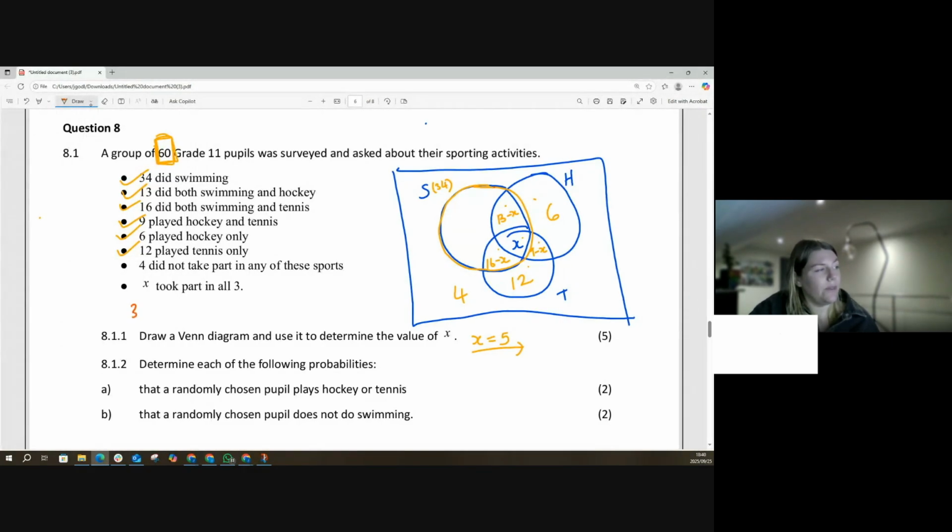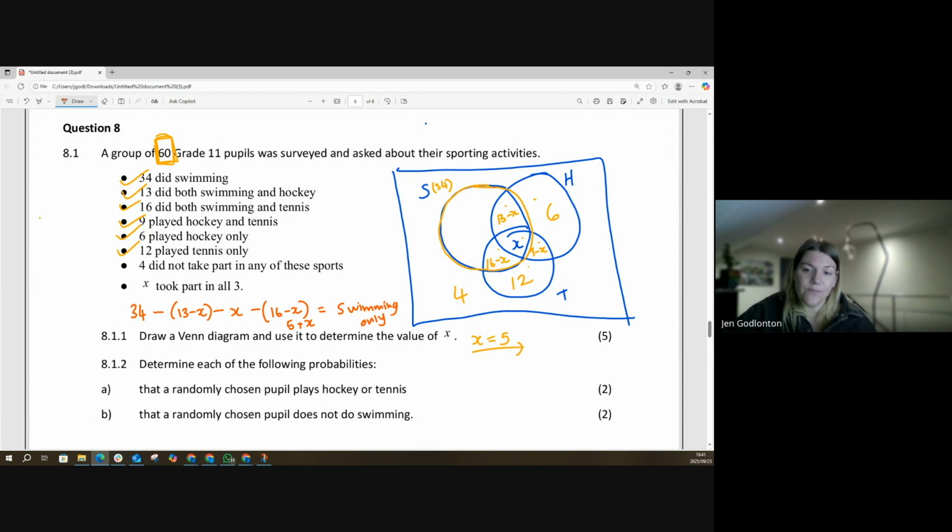So 34 minus 13 minus x minus x minus 16 minus x is going to equal swimming only. And so when we work that out, then you'll see that this is 5 minus x, plus x, sorry. And that's for just the swimming people. I think that's what happened. Because everything in this one is 34.